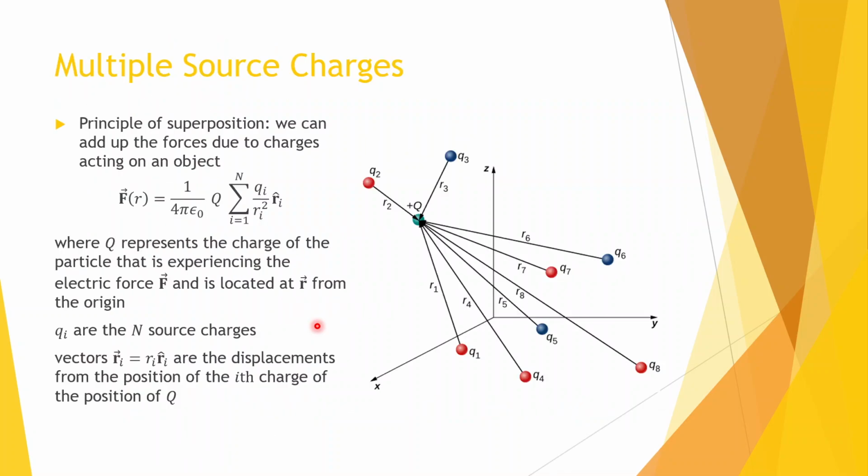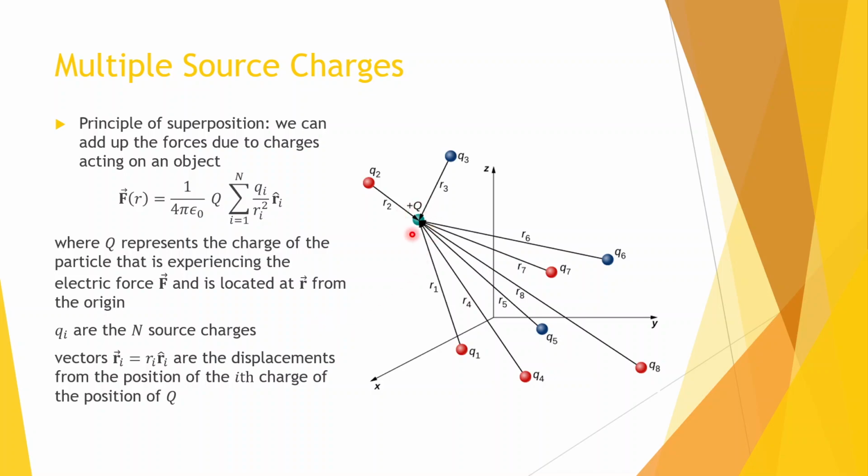All right, so if we don't just have two charges, but possibly multiple sources of charge, we have to think about the principle of superposition, where we can add up all the forces due to the charges acting on one single object or one single charge.